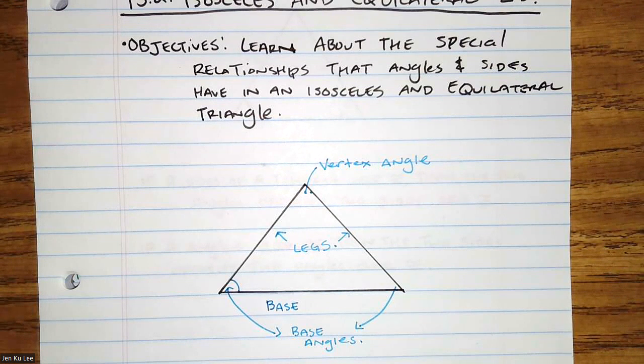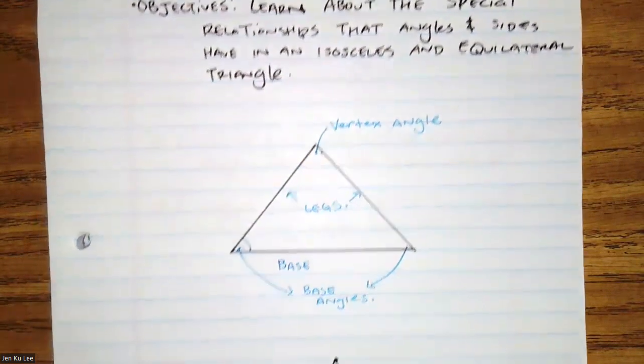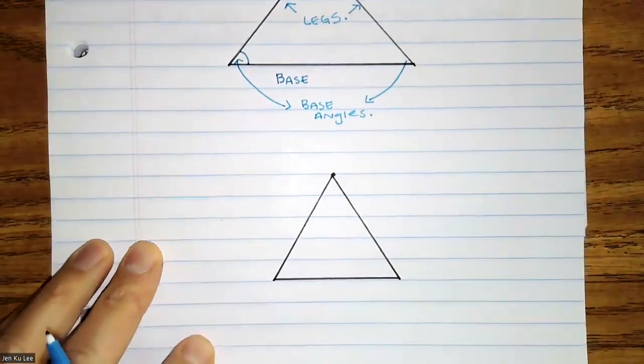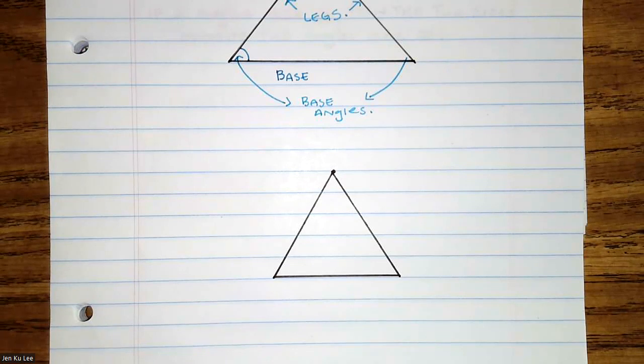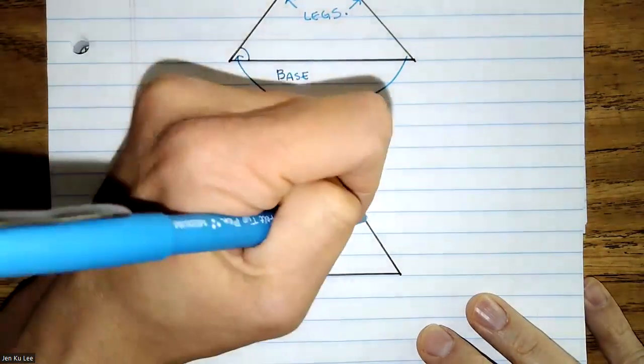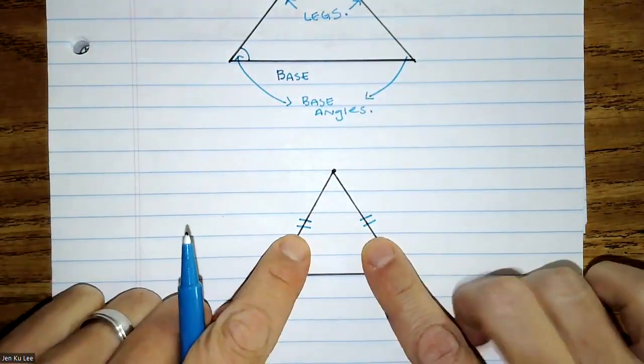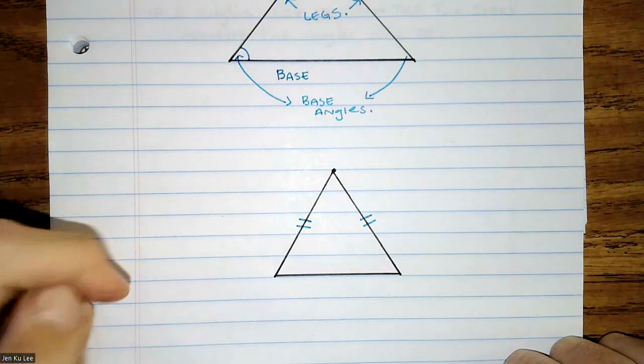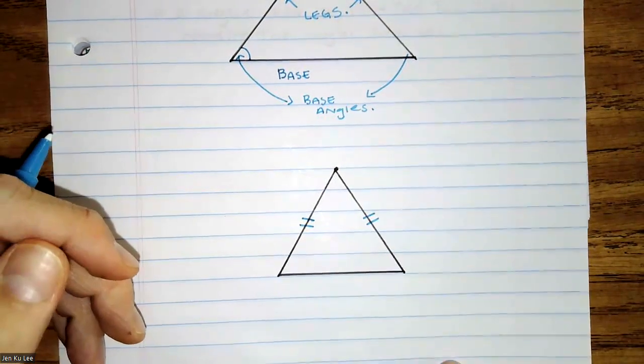And what an isosceles triangle is, we all kind of know by now, right? So if I have an isosceles triangle here, and I label that this side is congruent to this side, they're equal to each other. Okay, that's what an isosceles triangle is.